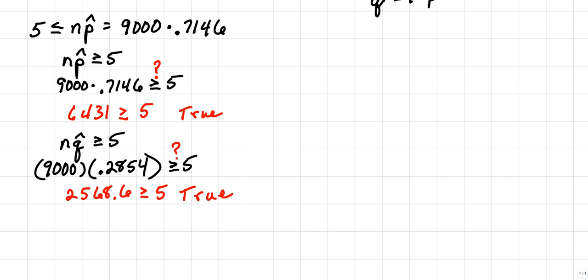And this is going to be z sub c for a 90% confidence interval, which I will abbreviate as C.I. So I need to go into the standard normal table and look for that value.